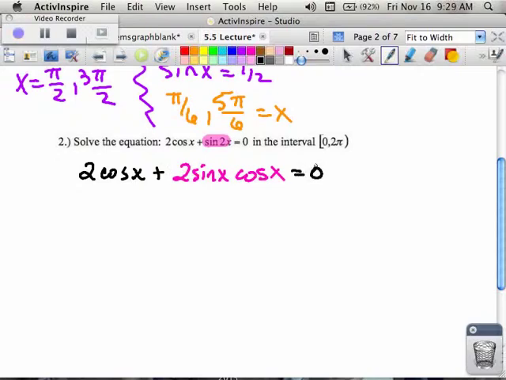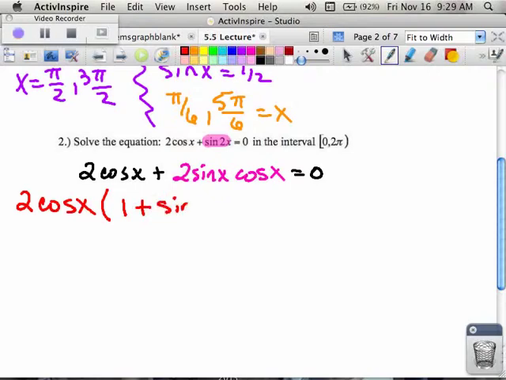So I'm going to factor out a 2 cosine x. Now you could factor out just cosine x, but it makes it simpler in the long run if you factor out everything you can factor out. Left over, I will have 1 plus the sine of x equal to 0. Notice how in each of these cases we're setting things equal to 0, because in the long run we need to get it equal to 0.